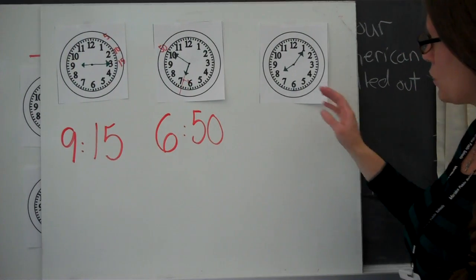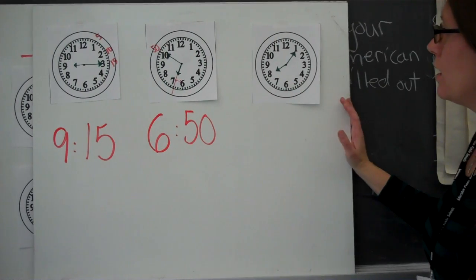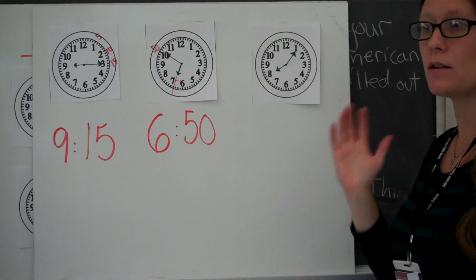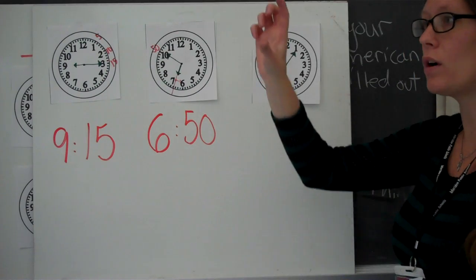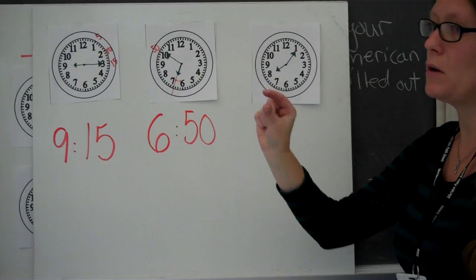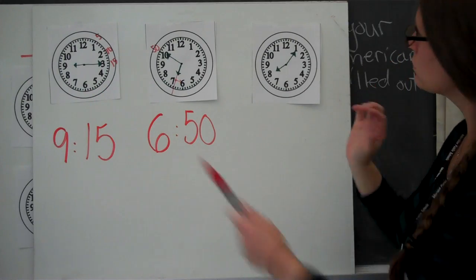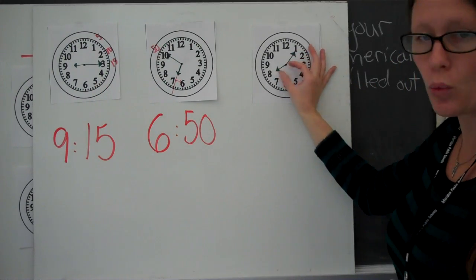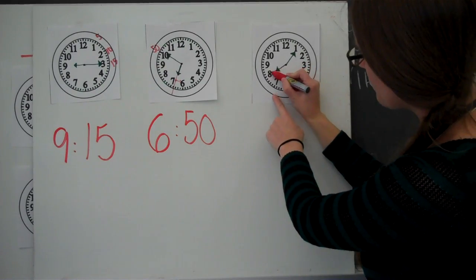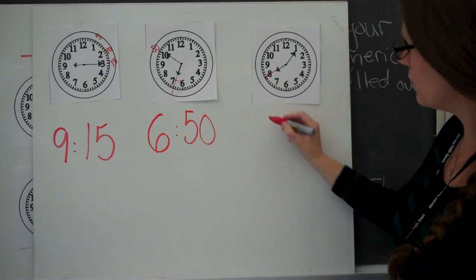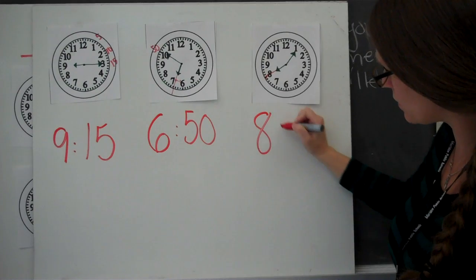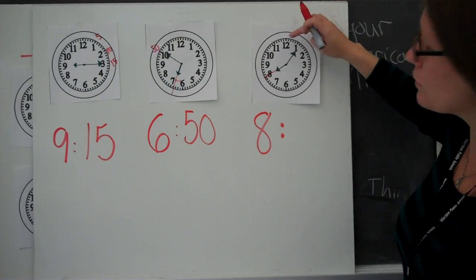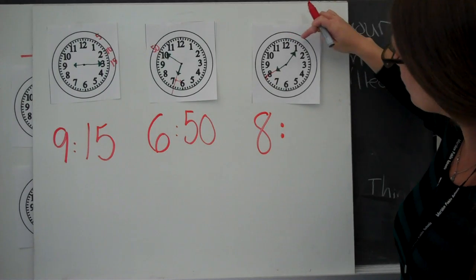All right, next one. First thing I'm going to do is figure out my hour hand and my minute hand. My hour hand is short, my minute hand is long. I'm looking at the 2. I see that the shorter one is pointed at the 8. So my hour is 8. And then I'm going to count by 5s to figure out my minutes. 5.